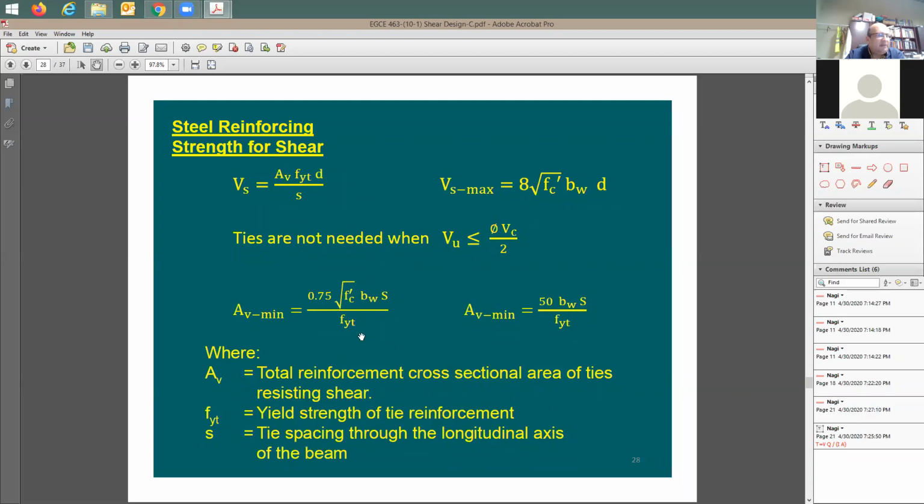Everything here needs to be in psi, otherwise you're going to receive weird numbers. The second equation says 50 times the width of the web, b_w, times s divided by f_y. Now, when you have 2 minimums, you're going to take the larger of the 2 minimums.